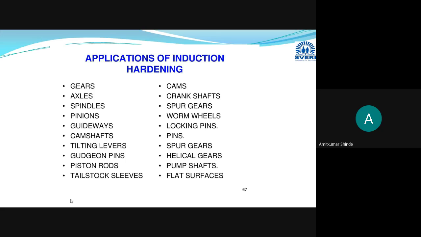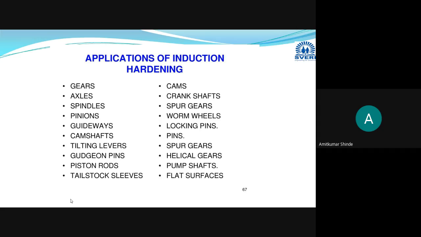Then helical gears, locking pins, and common names that you can easily remember: camshaft, crankshaft, axles, gears. You can write three or four names as applications; it is sufficient. This is for your reference purpose. I have highlighted some steel components on which you can perform the hardening with the help of this induction hardening method.